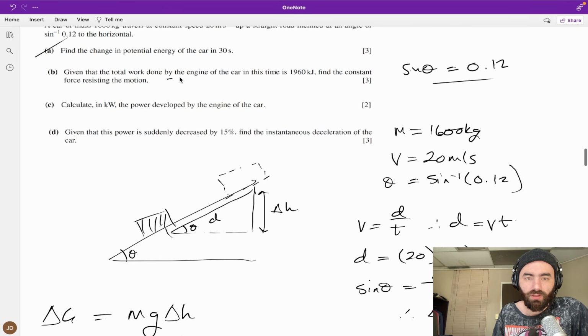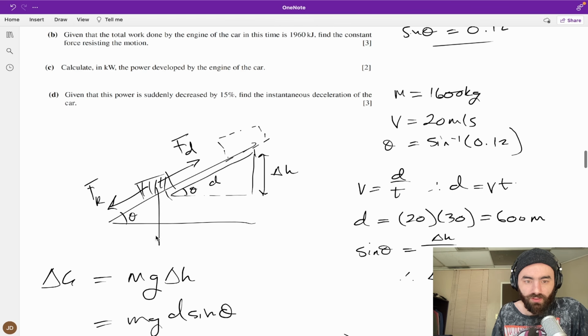Given that the total work done by the engine of the car in this time is this, find the constant force. Remember that we have the resistance force, the driving force produced by the engine, and the weight, Fg.